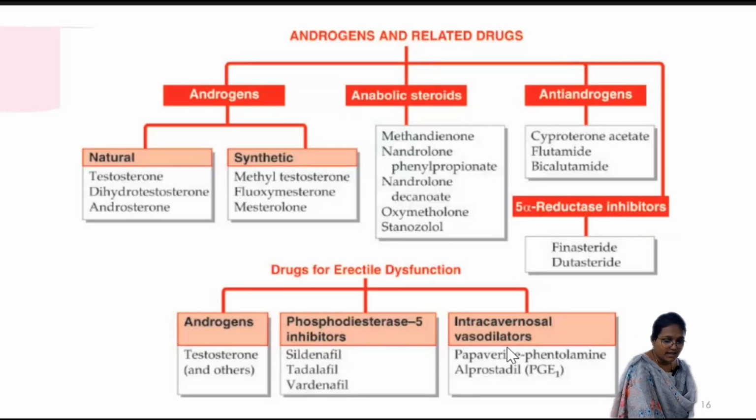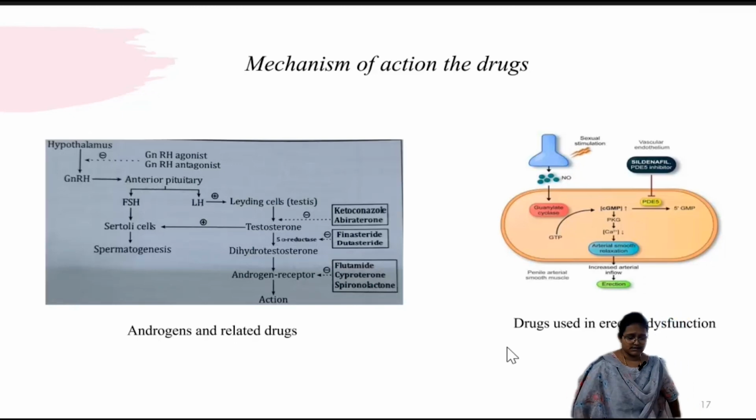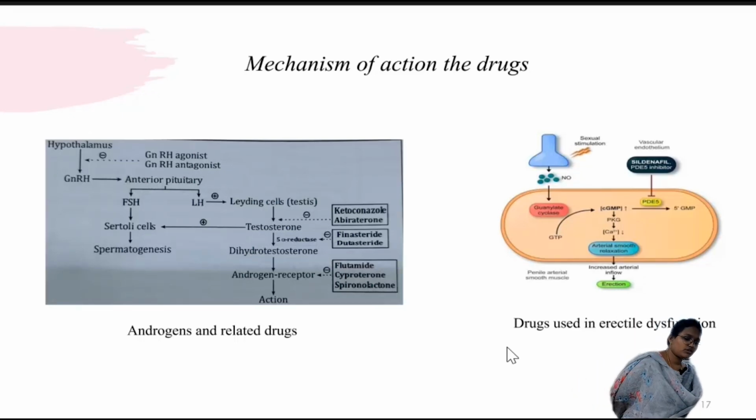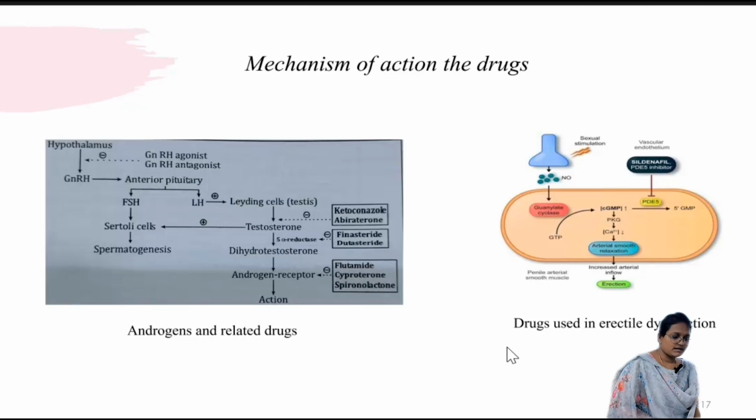And coming to the mechanism of action of the drugs related to androgens, the gonadotropin releasing hormone agonists and antagonists work on hypothalamus. Agonist has a similar activity to gonadotropin releasing hormone, therefore increases the hormone's activity, thereby increasing the levels of FSH and LH.